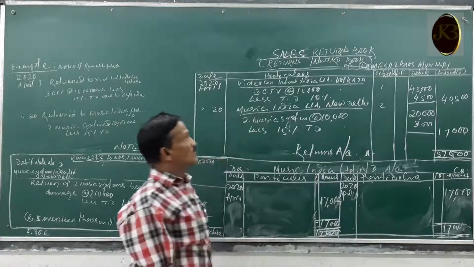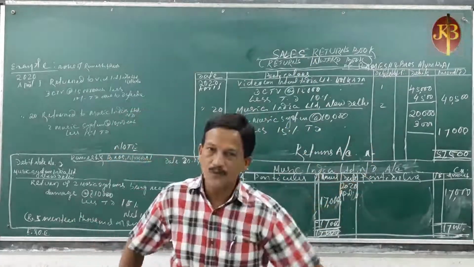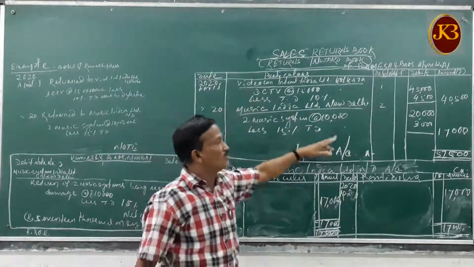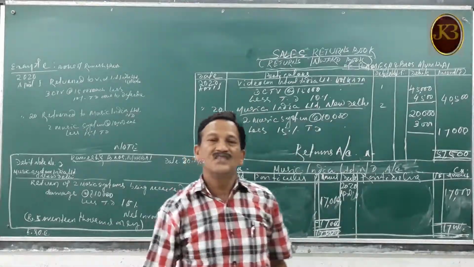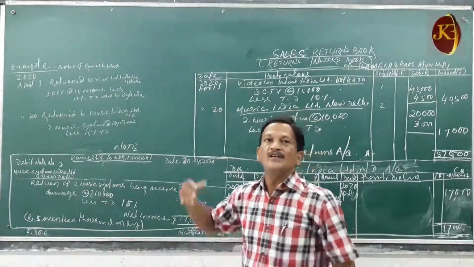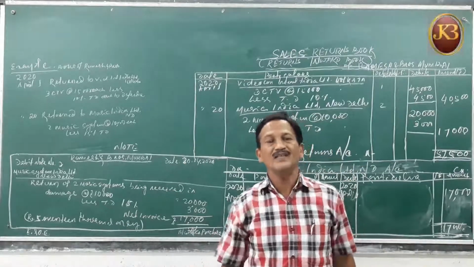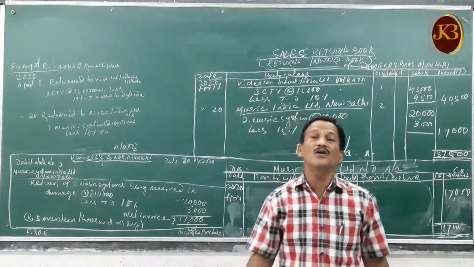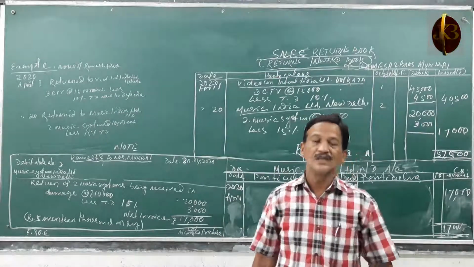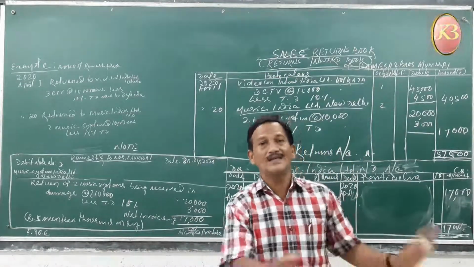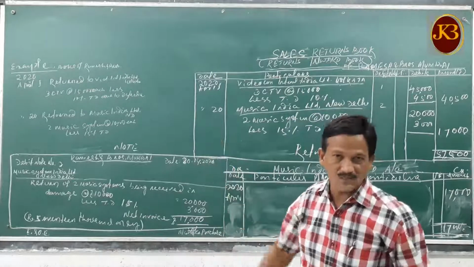Sales return book, or the sales return day book, or the return inward book, you have to record it. This separate book is to be maintained for goods sold on credit but returned by the customers. Only goods sold on credit and returned by the customers are recorded here. Goods sold on cash and returned are recorded in the cash book.